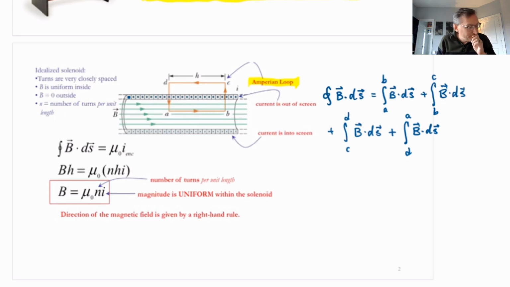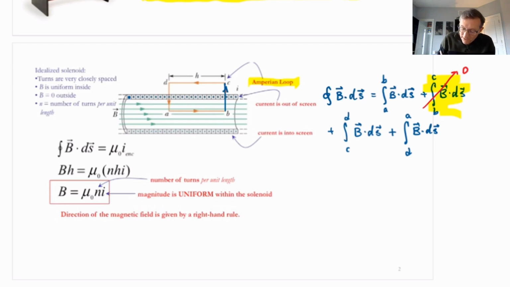All right. First, let's look at that integral, B dot ds from b to c. So along here. I contend that the integral of B dot ds is 0 along that side. Let's talk about why.